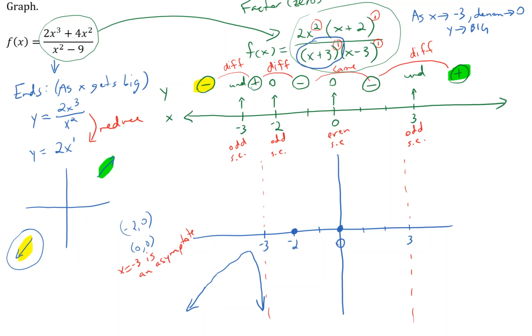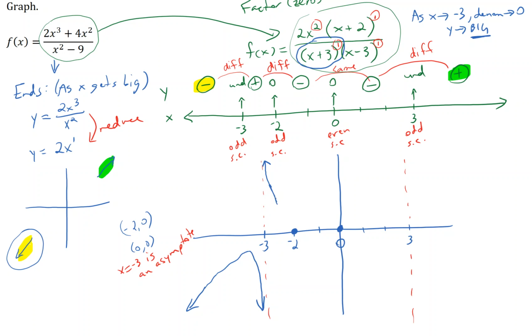Alright, now from the other side, I know that as x gets close to negative 3 from the right, my y values still get big, but now they're positive on the other side of negative 3. So that means I'm going to approach this asymptote in an upward direction. And what happens as I move to the right? Well, I have to stay at positive y values above the x-axis. But at negative 2, I have to hit y equals 0.